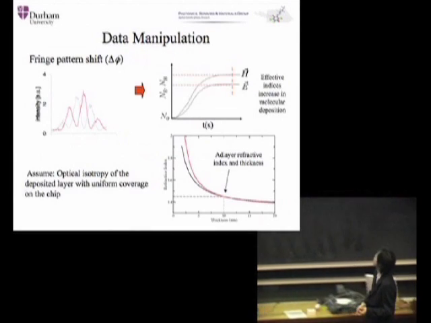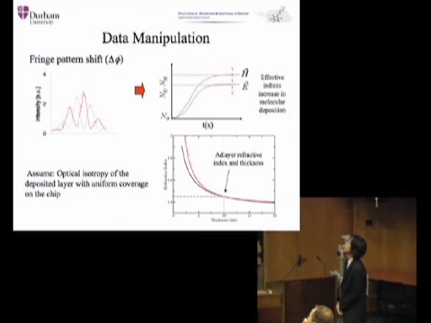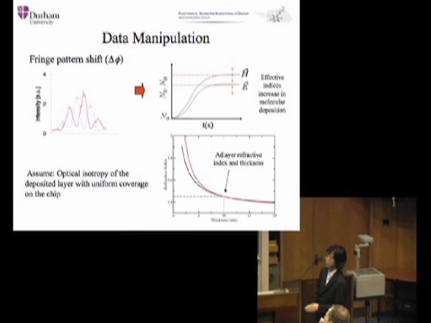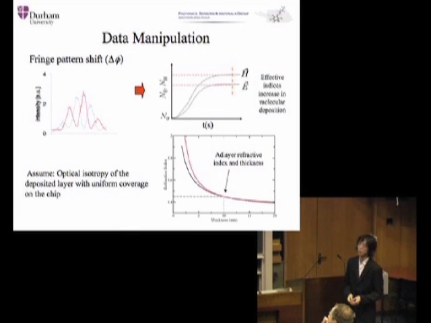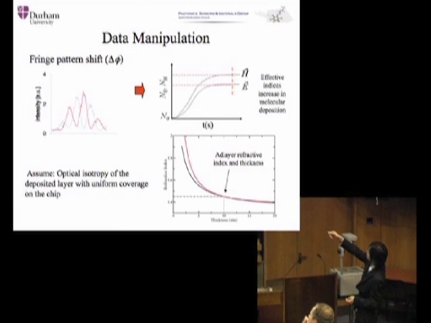So basically what we show here is a fringe pattern shift for a certain phase change taken from the real experimental data when the molecules are quantitated. We'll have a significant enhancement of the effective index in two modes when the molecule is deposited.